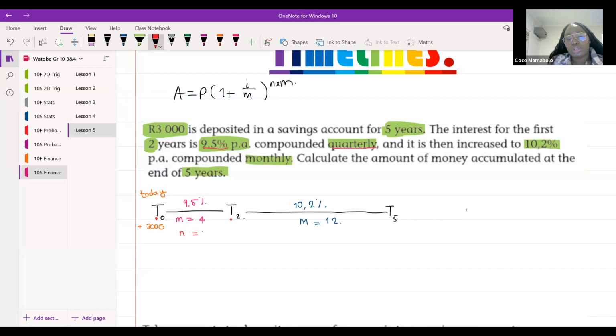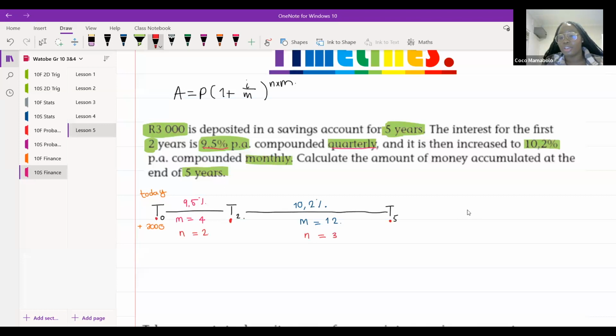N is equal to 2, right? But from T2 up until T5, what is our N going to be? Between T2 and T5, how many years is that? Our N is going to be 3.